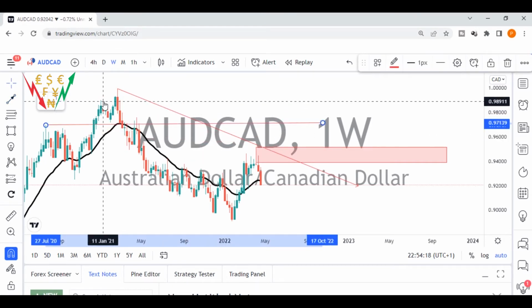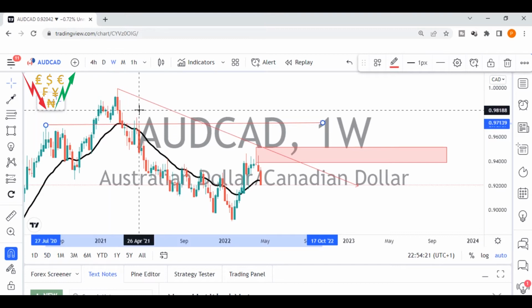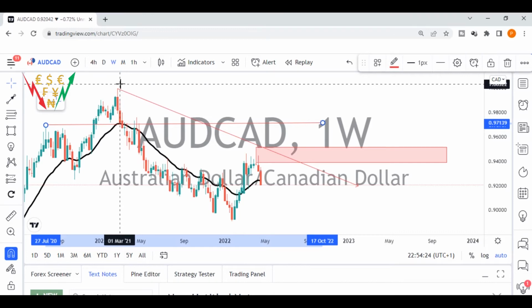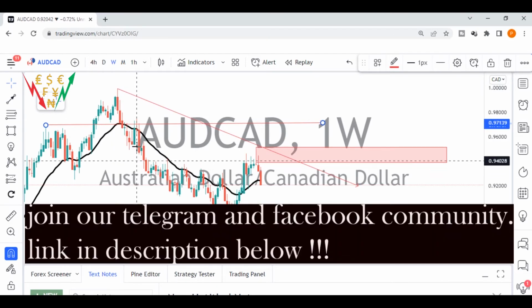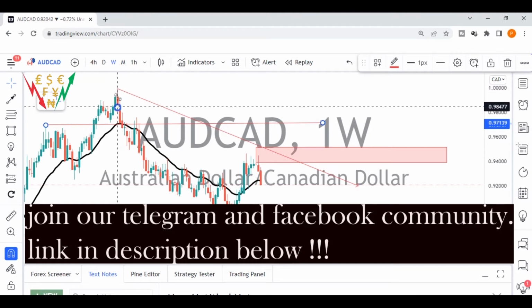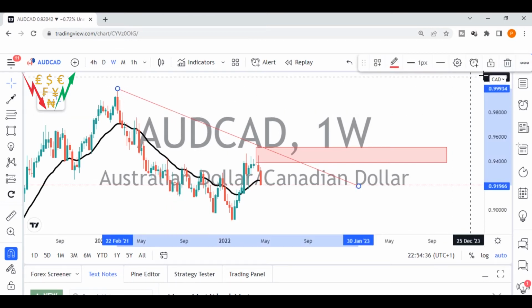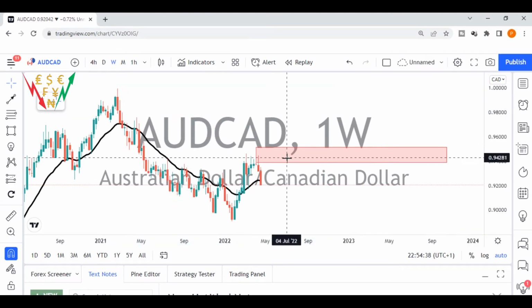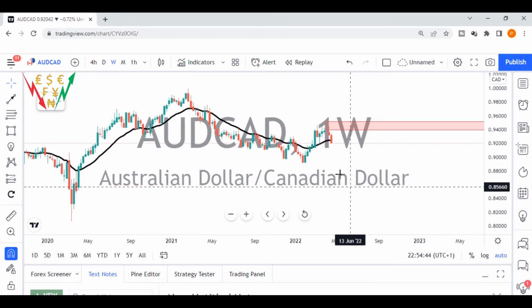So first a support level was swept off, another support level was swept off, and then we had this price clearing those two areas up, right? We had this very big supply zone initially at the upside, and right now we're having an under supply zone that we believe will actually bring the Aud Cad pair even further lower to the downside, right?